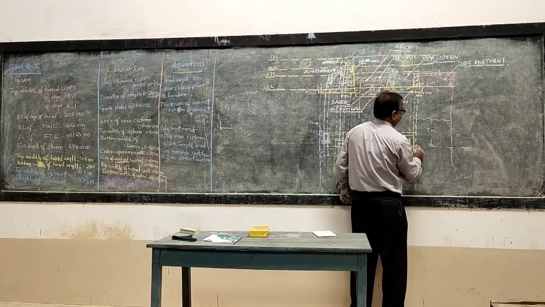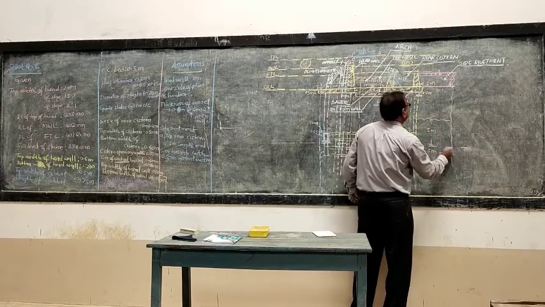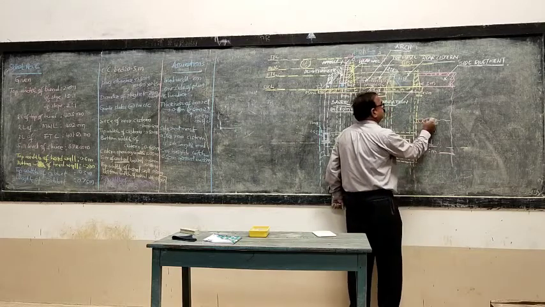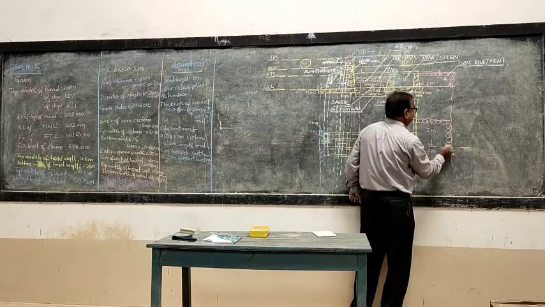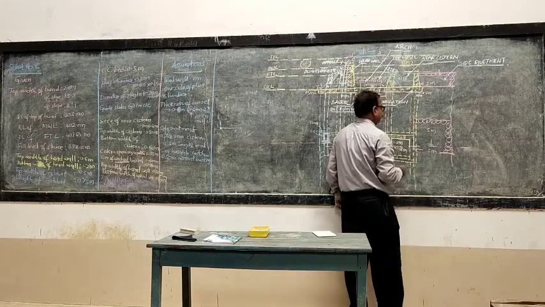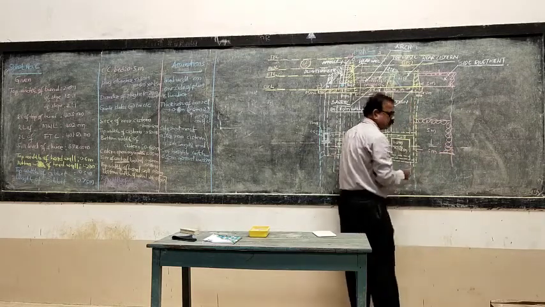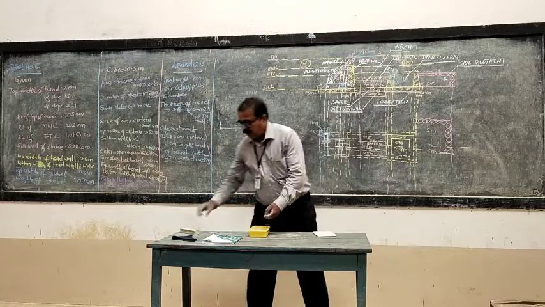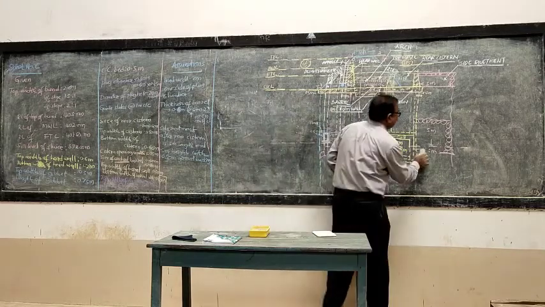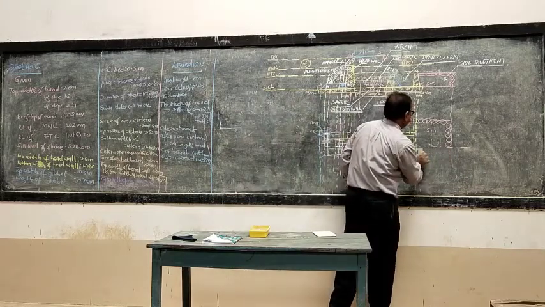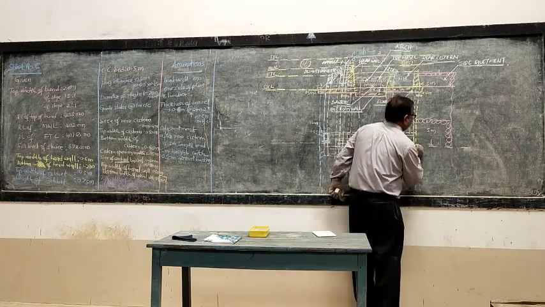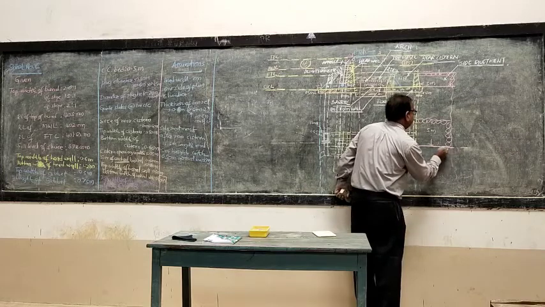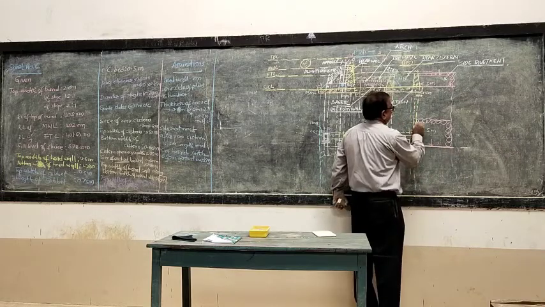Then it will be our side pitching, which is for supporting the tank, so that the tank should not collapse. That should be above the center line. It should be above, not below, the center line. We have to show this line.